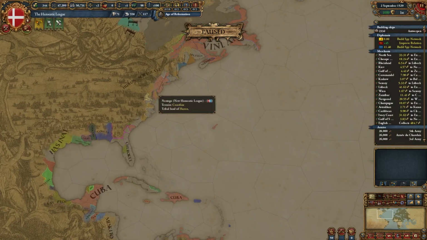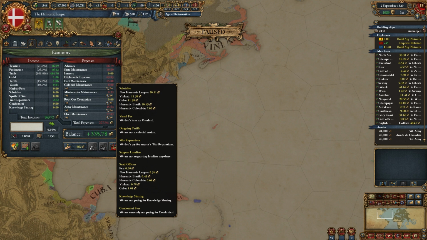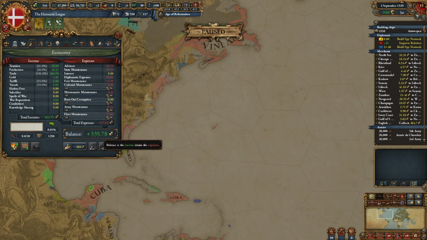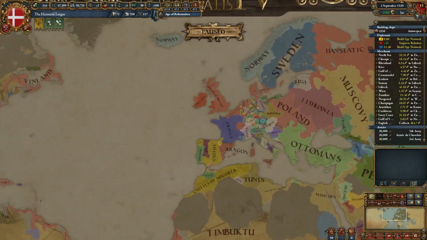As you notice, I'm spending a lot on diplomatic actions, which is obviously most of that for my colonies, which I'm subsidizing a lot. But it doesn't really matter how much I spend, because my income is so high, as you can see, 300 ducats monthly, because it's just not possible for me to spend that money elsewhere.